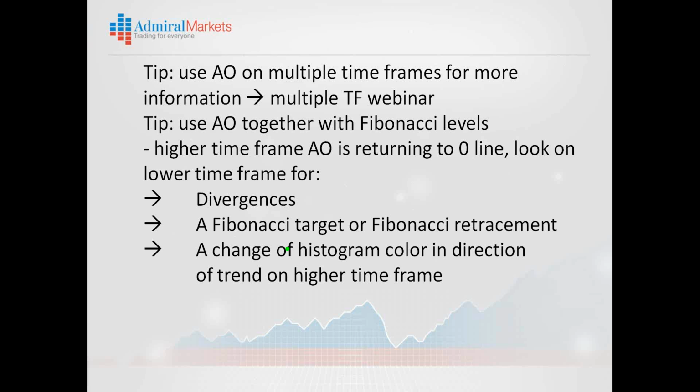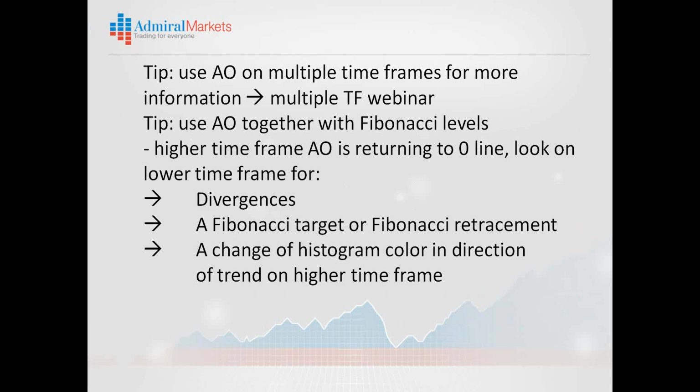So, for example, if you have a 4-hour where the AO is retracing to the 0 line, and then you zoom into the 1-hour chart, and on that you see the AO turning back from green to red, well, that could be an indication that the upside correction is over, and we got a downtrend starting very soon. So you can use all these multiple elements for a coherent analysis there.